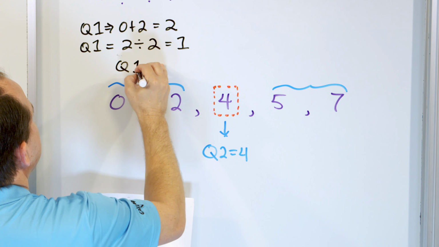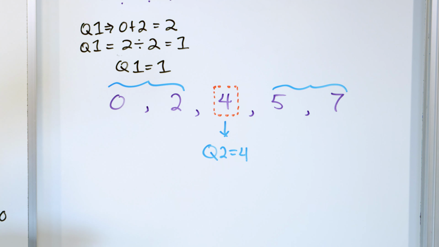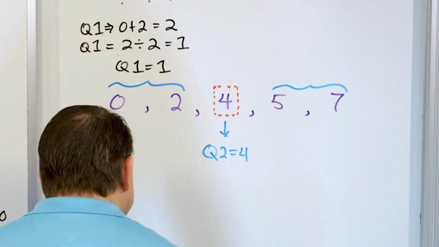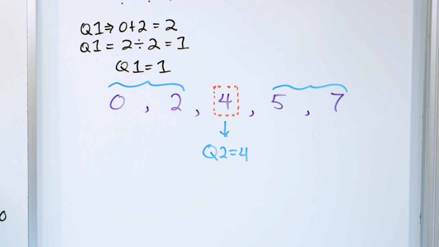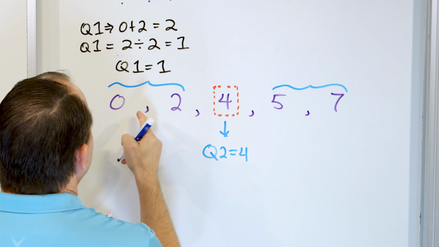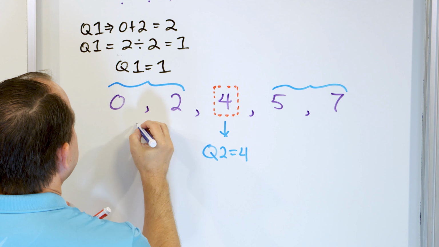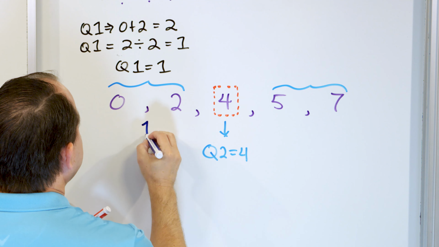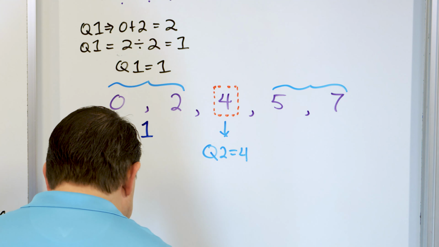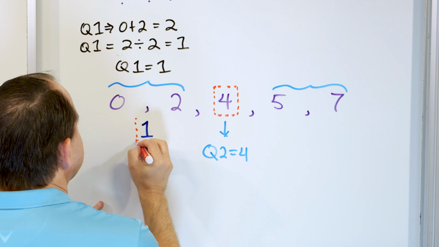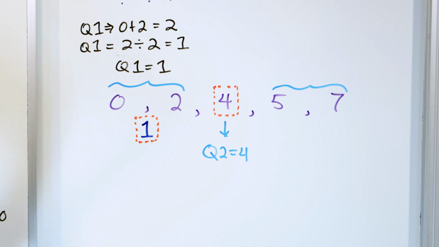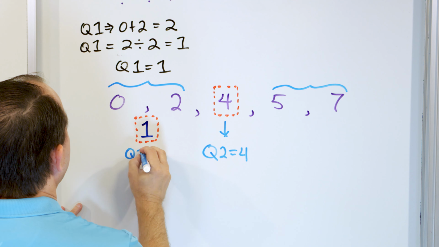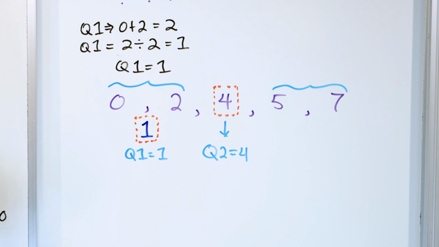So Q1 is equal to 1. Then right down here below, I'm going to write the number 1 right between these 2 because it is between them. And I'm going to circle it like this, and remind you that Q1 is equal to 1.